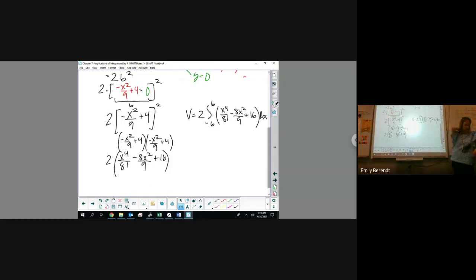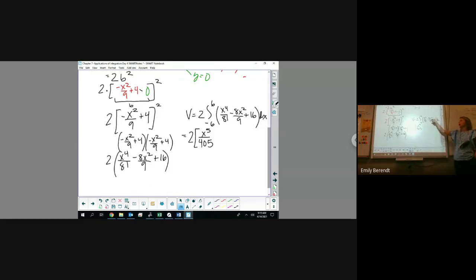All right, so power rule it up. x to the 4th will be x to the 5th over 5. 81 times 5, anybody already work it out? 405. So x to the 5th over 405.